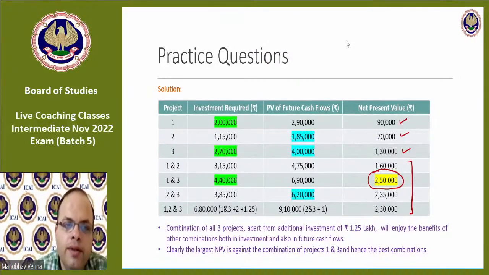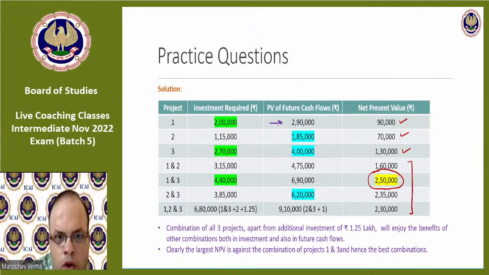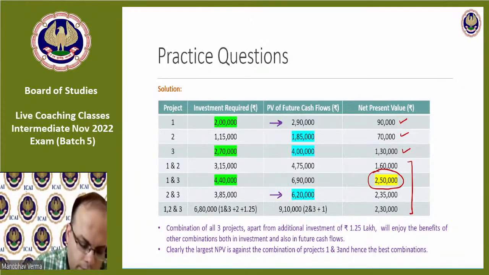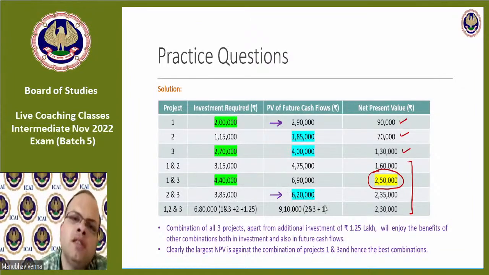We were talking about cash flows 1, 2, and 3, and we said the economies will hold. So basically, how I'm taking 910 is 2,90,000 from project 1 and projects 2 and 3 taken together giving me 620. So we're getting 910. Hiral, I hope that makes sense.